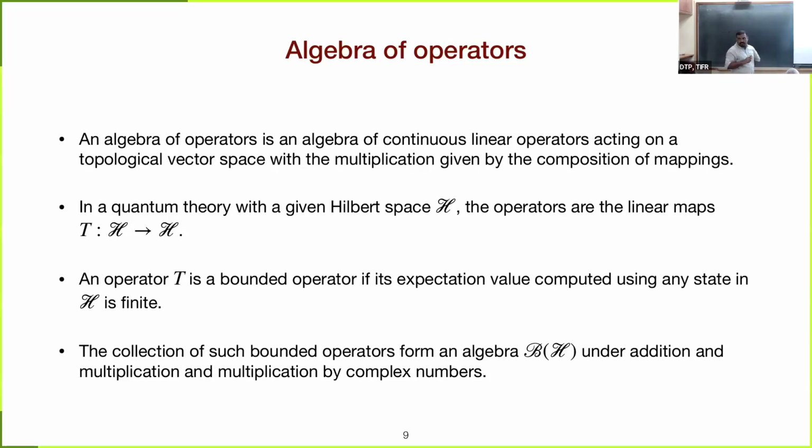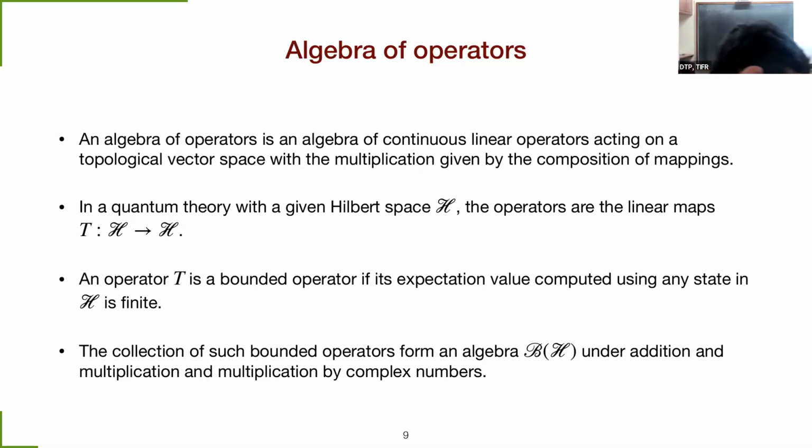But if you have a quantum theory, how do we understand it? In a quantum theory with a given Hilbert space H, we define operators as maps from Hilbert space to Hilbert space. You define an operator by its action on a state. And you call an operator T a bounded operator if, when you compute the expectation value using any state that belongs to H, that expectation value is finite.